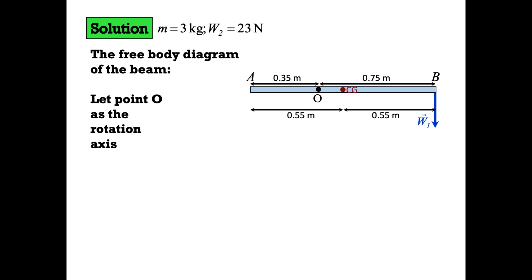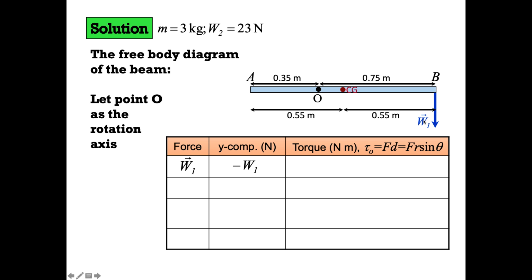We have weight 1 attached at point B. The question asks for weight 1. The direction of weight 1 is downward, so the force of weight 1 in the Y component is negative.